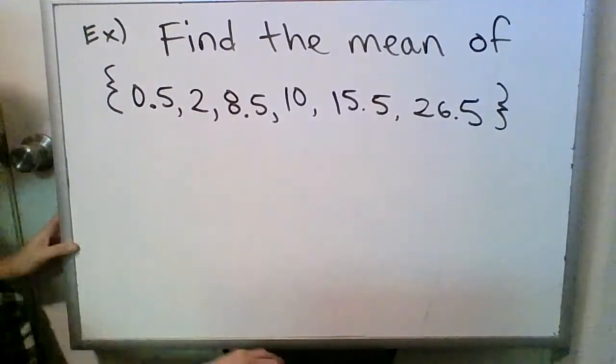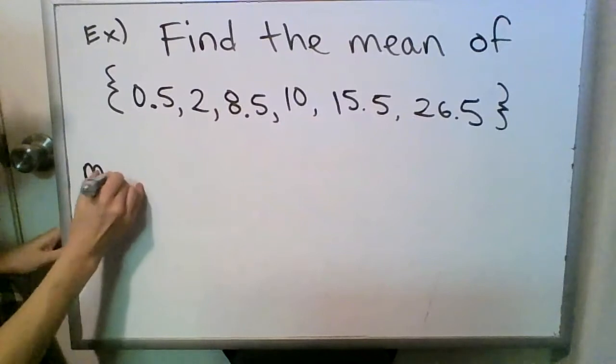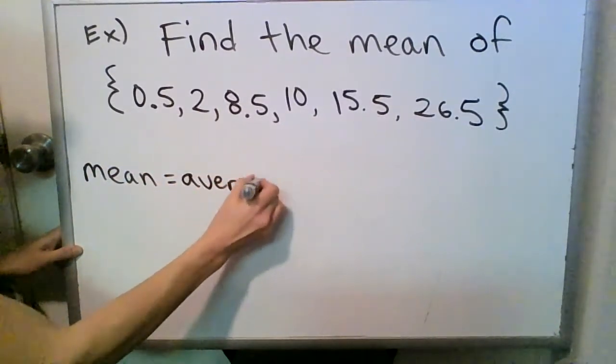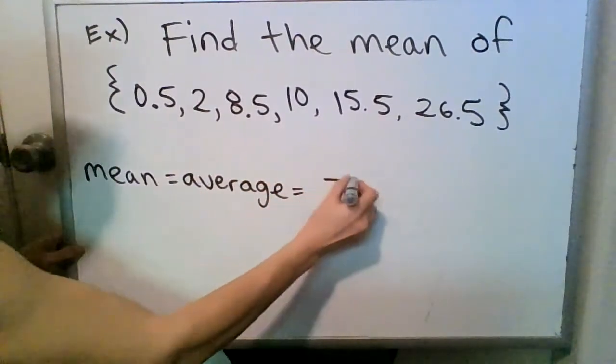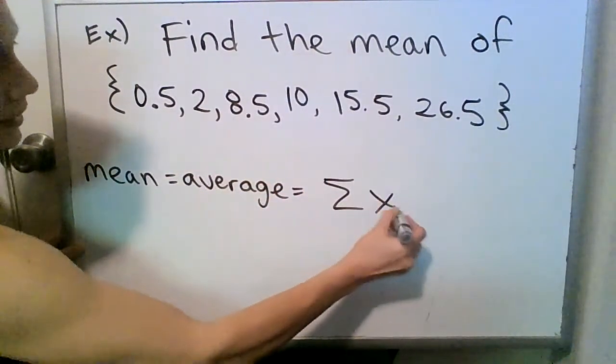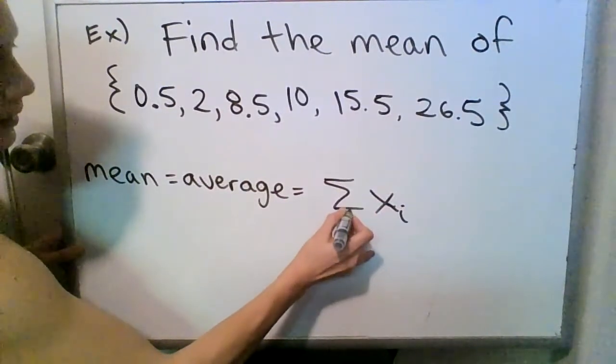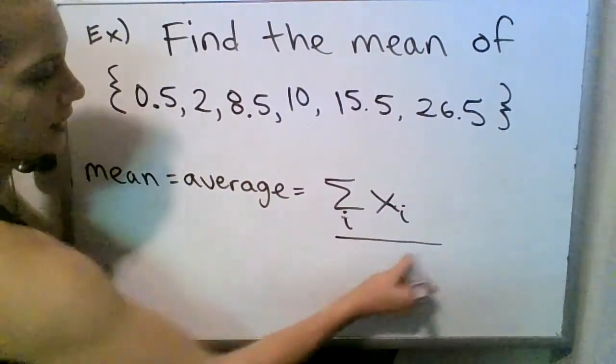So the mean is the same as the average, where you sum x sub i, all i, and divide by n.